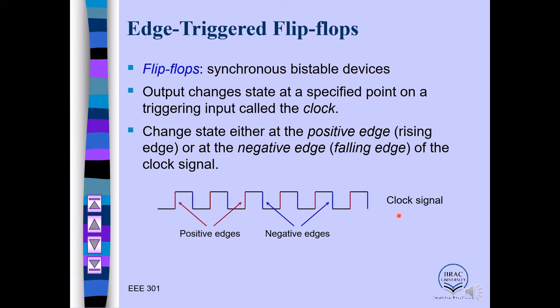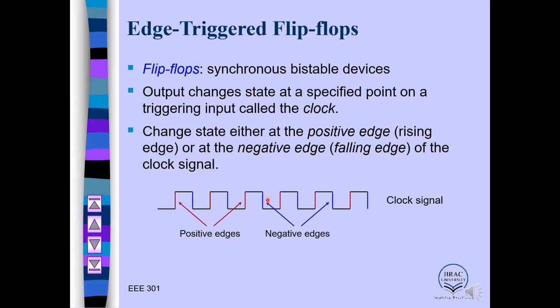So what does it say? This is basically our clock signal, high and low. If you go from low to high, this is called the positive edge. If you are going again from low to high, this is your positive edge.